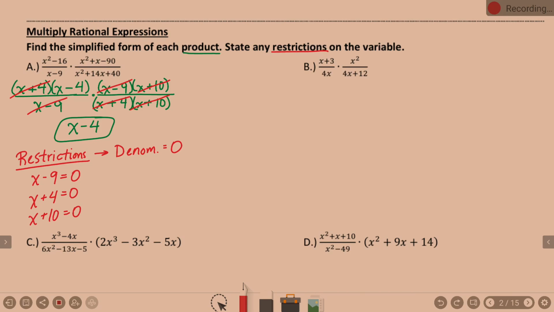So what are my restrictions? X cannot equal what? Add the 9 over, subtract the 4 over, subtract the 10 over. X cannot equal 9, negative 4, and negative 10.